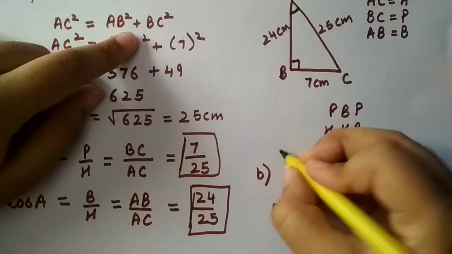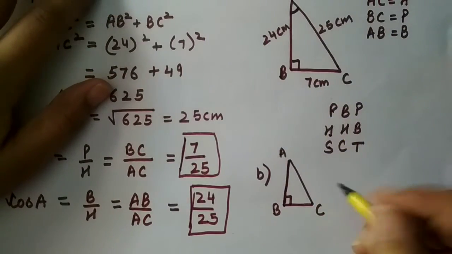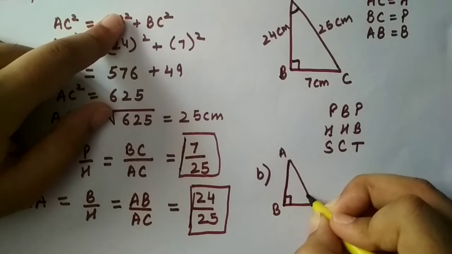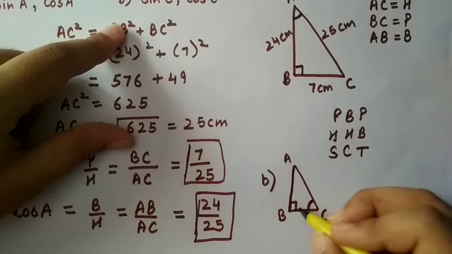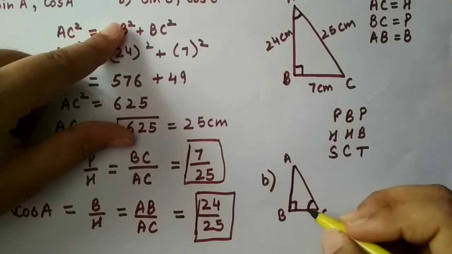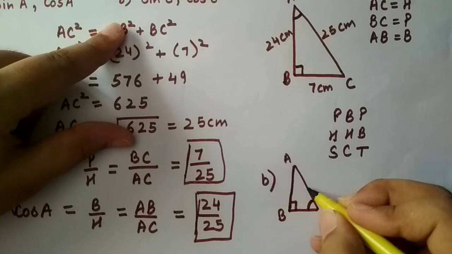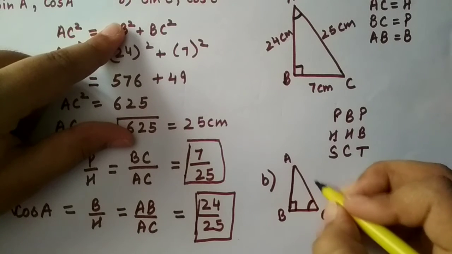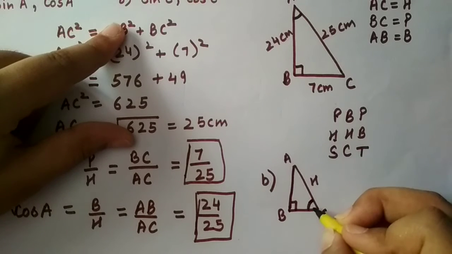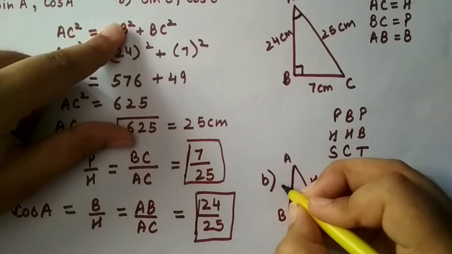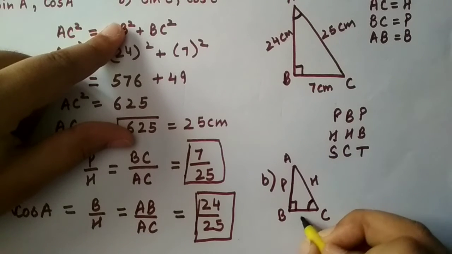So this is B, this is A, this is C. Name it as it is, but our theta is now C, not A. So now find out what is hypotenuse, what is base and what is perpendicular. Side opposite to angle B, that is right angle, will be AC. So it is hypotenuse. Side opposite to angle C would be perpendicular and the side adjacent to angle C will be base.